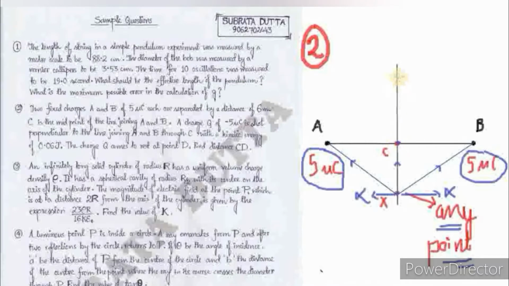So due to this, the net resultant force will be along that perpendicular line along which it was shot. But here the main trick lies.